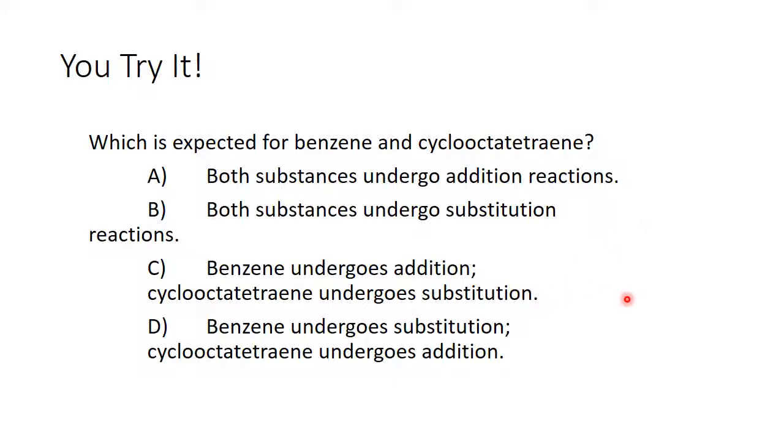Alkenes undergo addition reactions. Because cyclooctatetraene acts as an alkene and not as an aromatic compound, we would expect it to undergo addition reactions. Benzene, because it's aromatic, undergoes substitution reactions. We'll look at these reactions later on, and we will realize why there is a difference and go through the mechanism of these things, okay? But for now, just realize the aromatic compounds undergo substitution, non-aromatic undergo addition reactions.